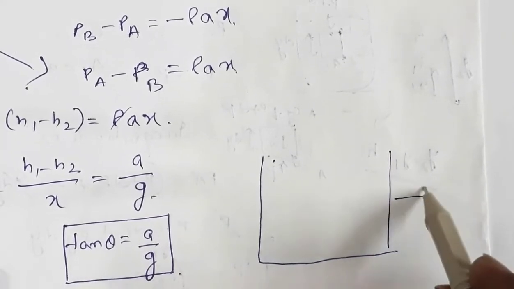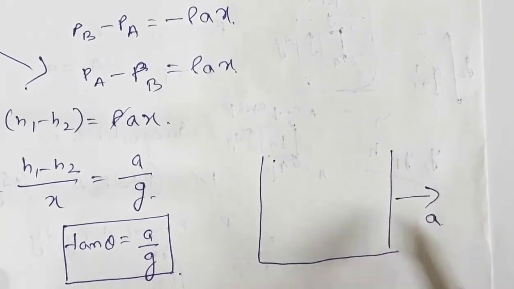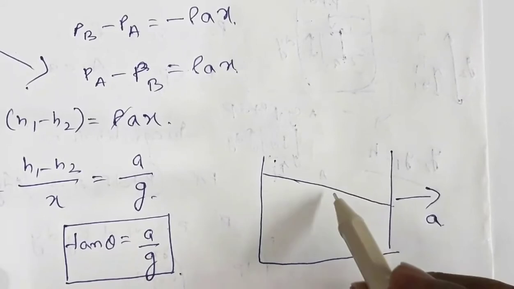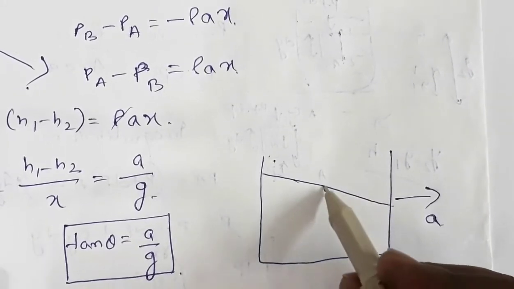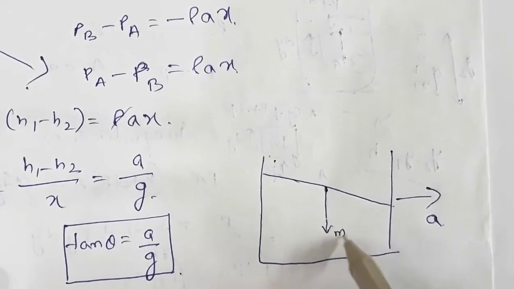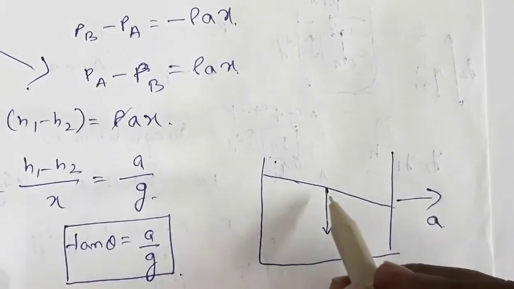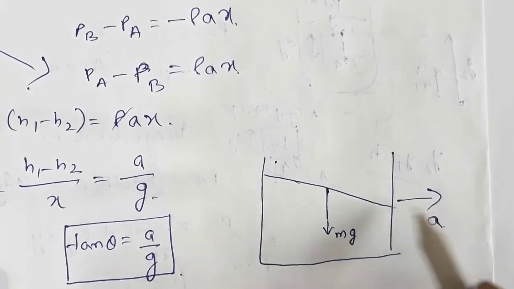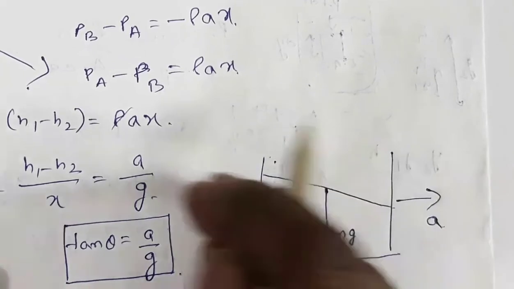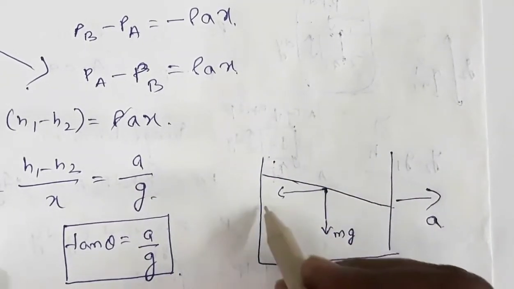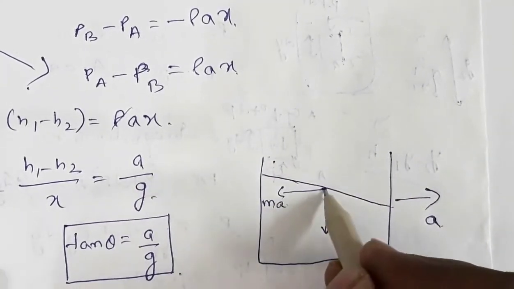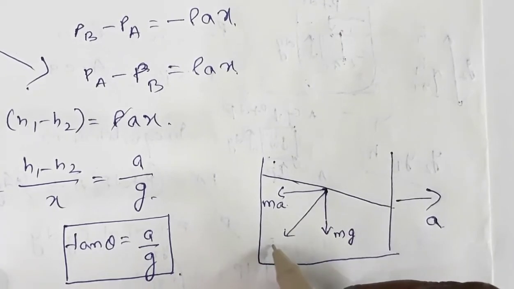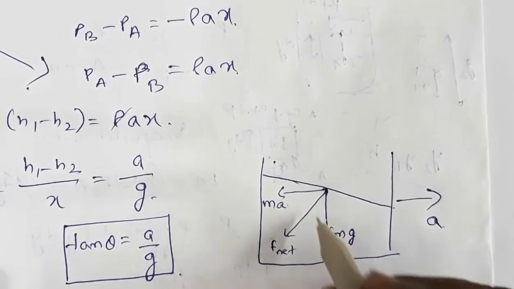So this is the vessel accelerating in this direction with acceleration a. This is the free surface. At this point, this is the weight mg. As I told you, if the system accelerates in this direction, due to inertia it experiences a force in the backward direction. So this is ma, and this is the net force F net.